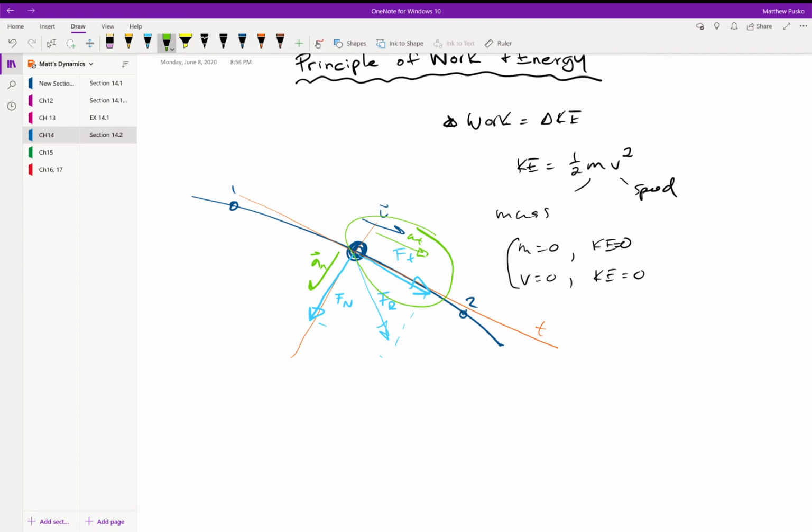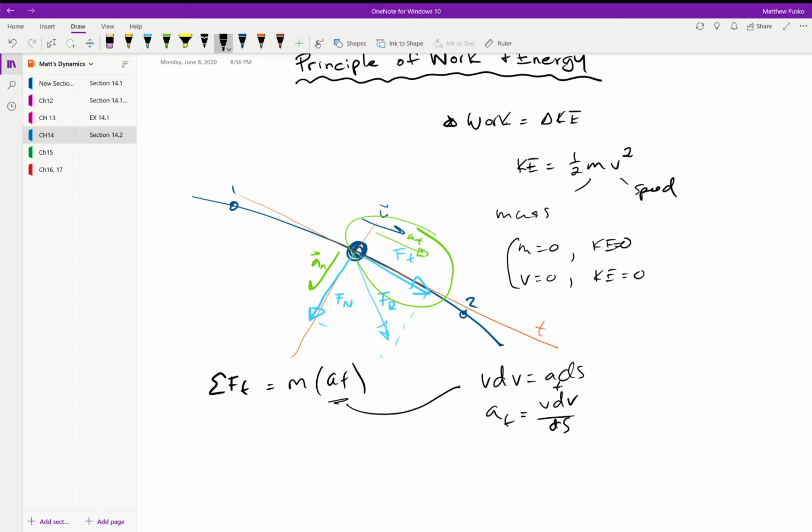If I sum the forces in the tangent direction, I get mass times the acceleration in the tangent direction. We've done this before. But what is this? If we say v dv is equal to a ds and rearrange it, where this is the tangential component of acceleration, we get this.